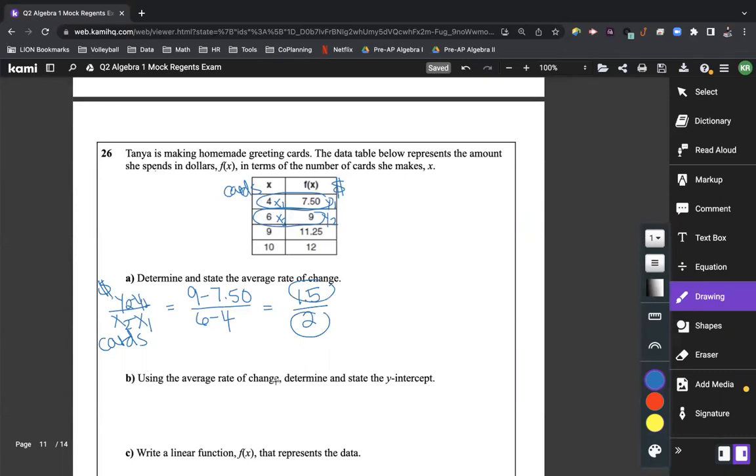So using the average rate of change, determine and state the y-intercept. Ooh, okay. So here, right, 150 divided by 2 is 0.75. So if I have my slope, right? And I have any X1, Y1.